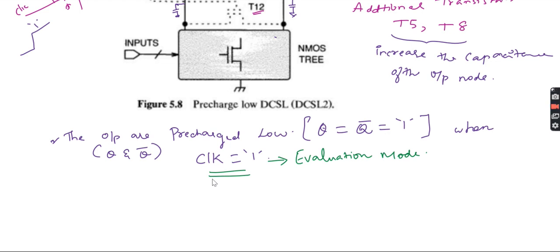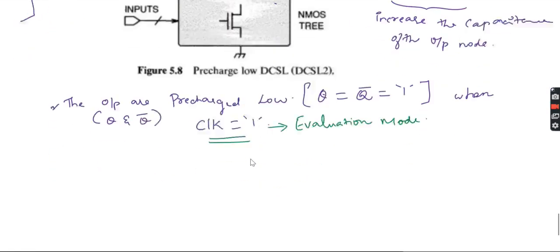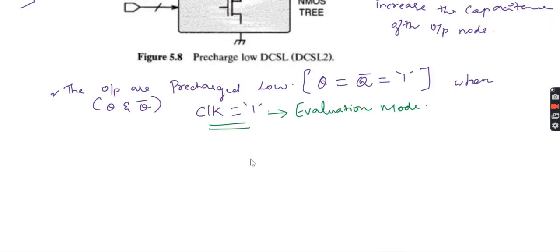Since the gate outputs are initially low, you have to assume that. So the NMOS evaluation tree is disconnected from the gate, because we are assuming that initially these outputs are 0.